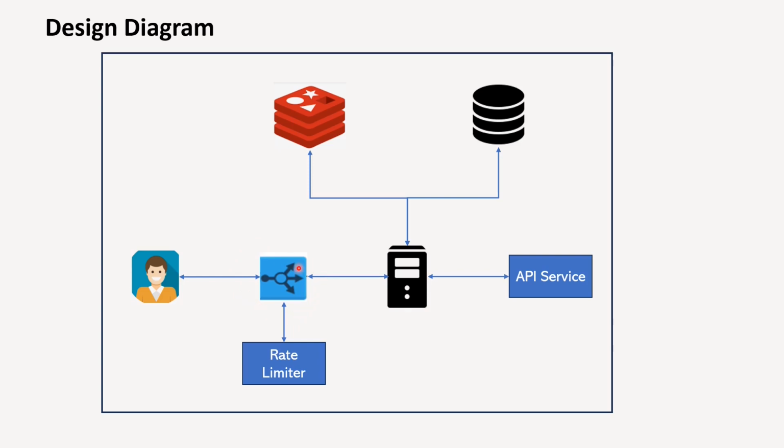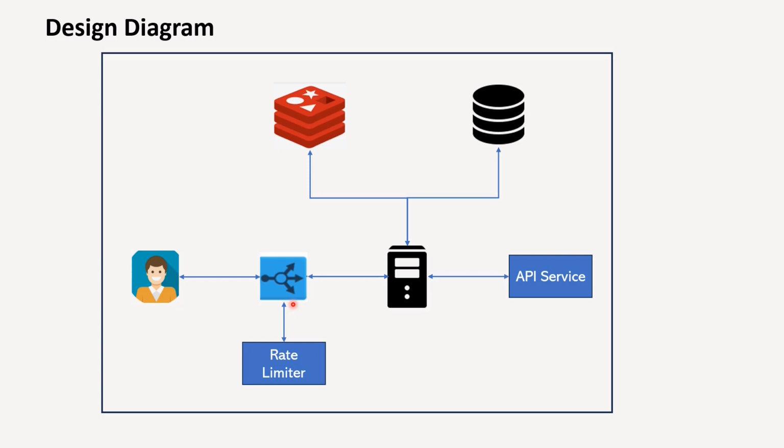Whenever a user is requesting either redirection or creation of a short URL, the first component they hit is the load balancer. Because the system is highly available, we cannot let it go down.